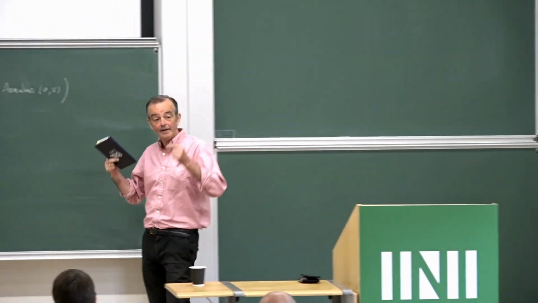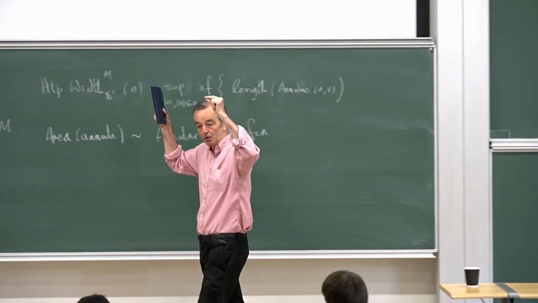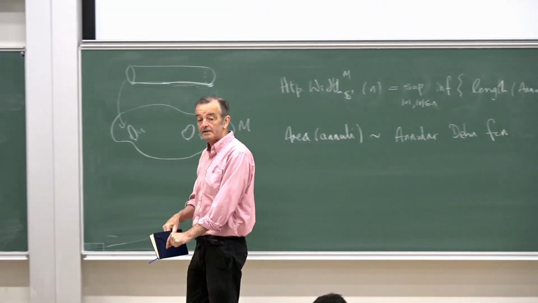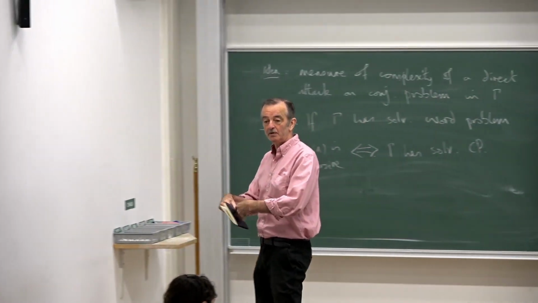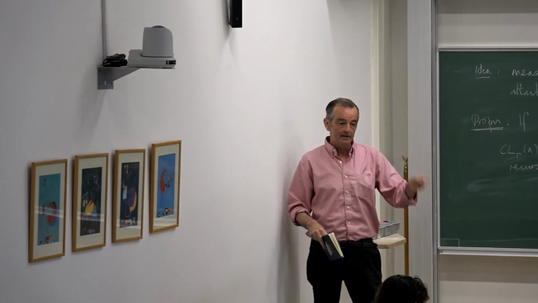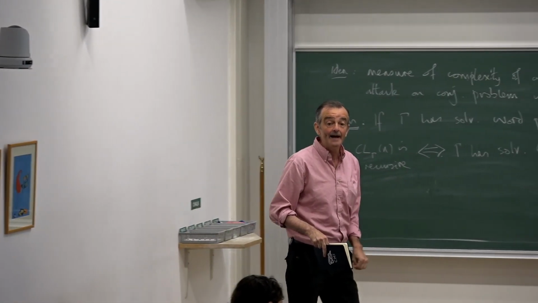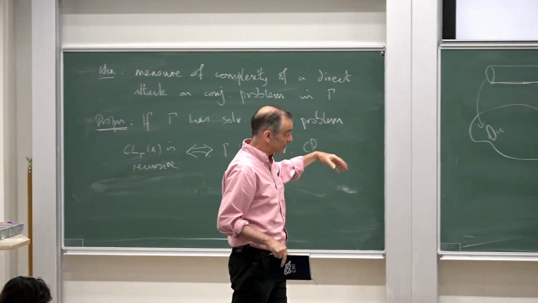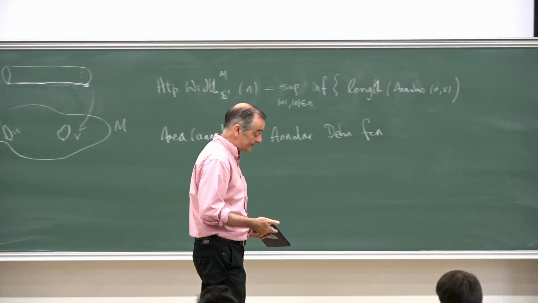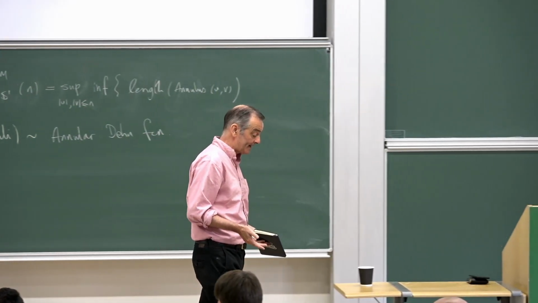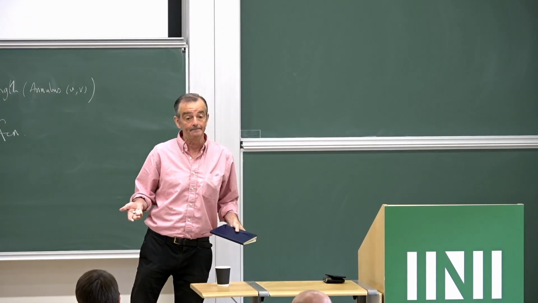If you know that any two non-conjugate elements in your group remain non-conjugate in some finite quotient, then that solves the conjugacy problem, because you just enumerate all finite quotients and look to see if things are conjugate in there, and simultaneously you just look dumbly for conjugates. That's kind of the analog of the fact that if a finitely presented group is residually finite, then it has a solvable word problem.